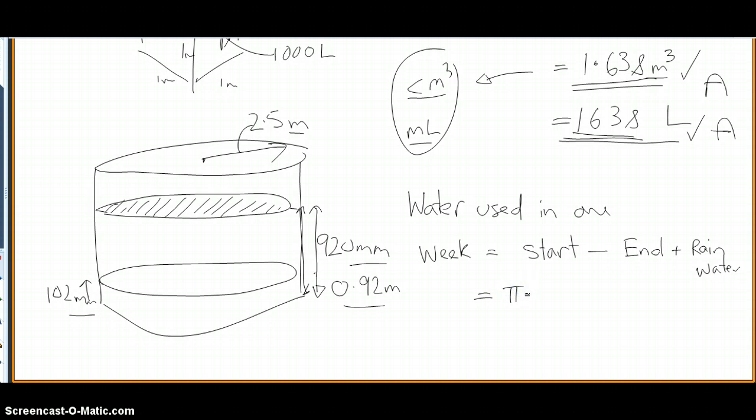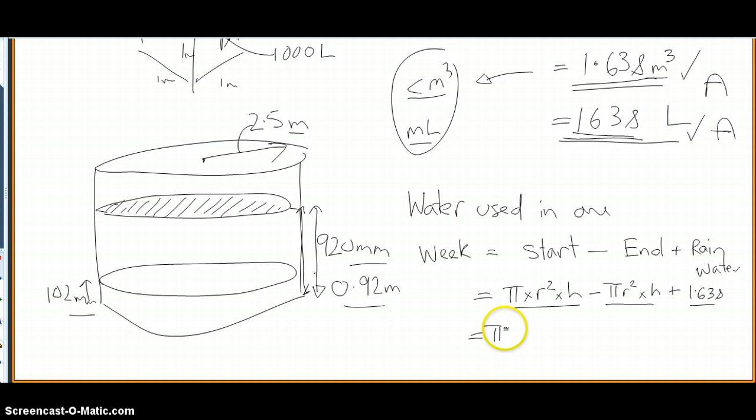At the start of the week, it's going to be pi times radius squared times 920. At the end of the week, it's going to be pi times the same radius squared times 102, plus 1.638 meters cubed. I'm just going to write 1.638 because I want to keep the units all the same. This is all going to be meters cubed. The rainwater that fell is also meters cubed.